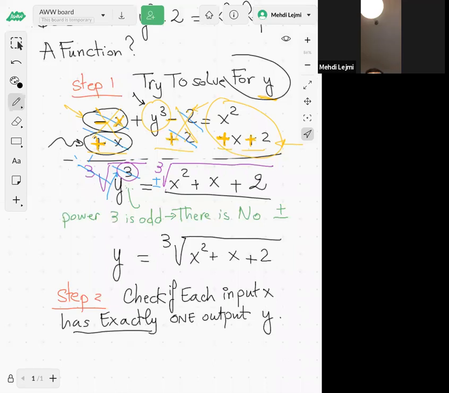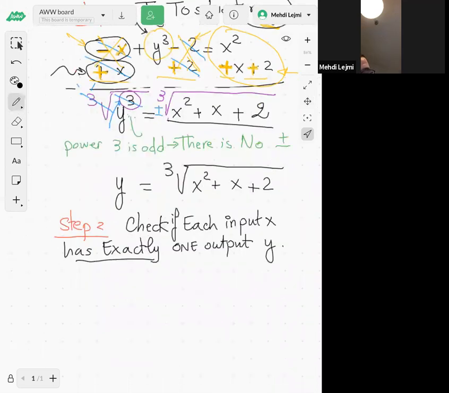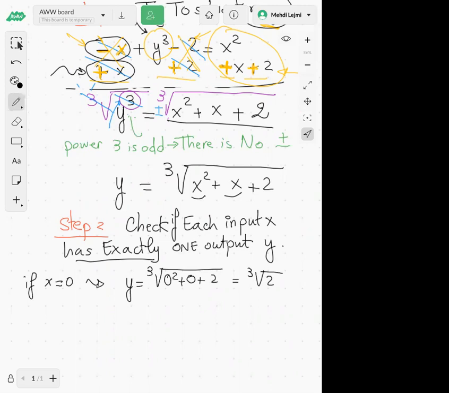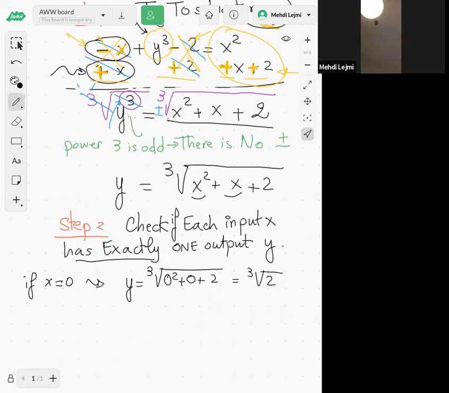For example, let's say x is 0, what would y be? Well, y is the third root of 0 squared plus 0 plus 2, that's 2. So this is the third root of 2. So if my input x is 0, I have exactly one output, which is the third root of 2.